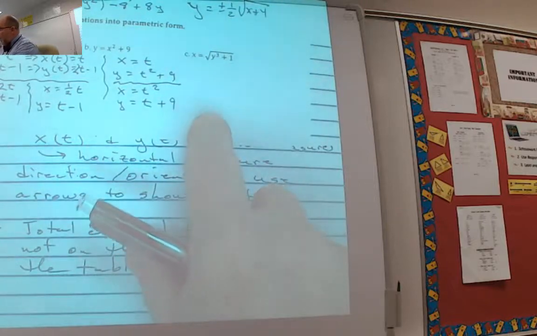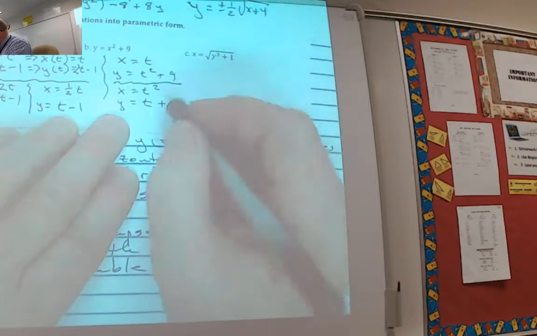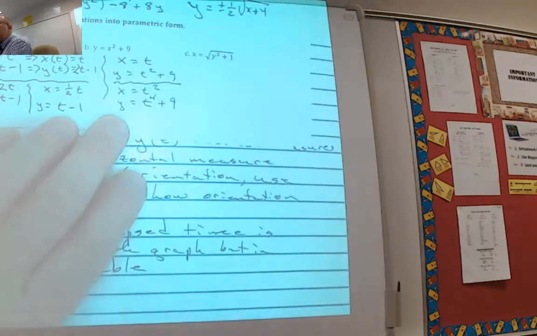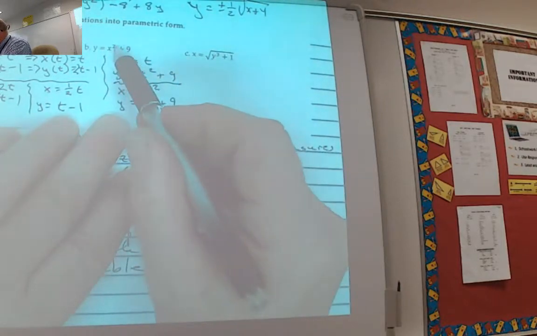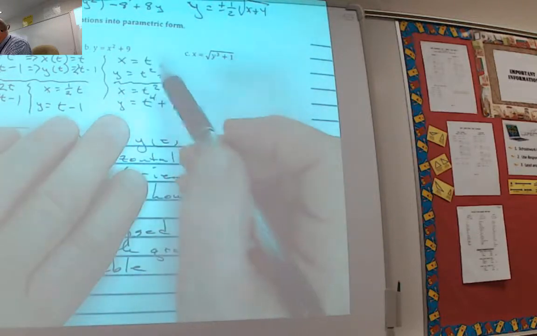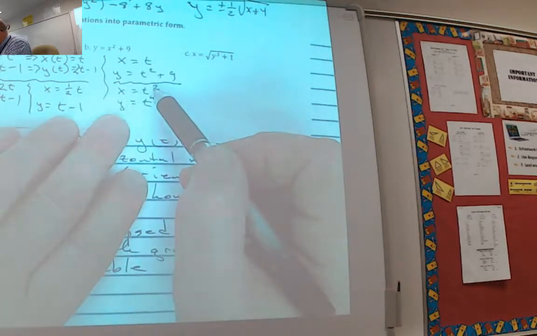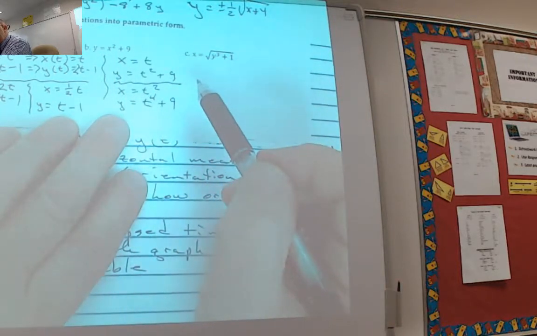Right. And so this one I did incorrectly. This one should be t to the 4th plus 9. Because if I say x equals t squared, and I'm squaring x, wouldn't I have to have t to the 4th?